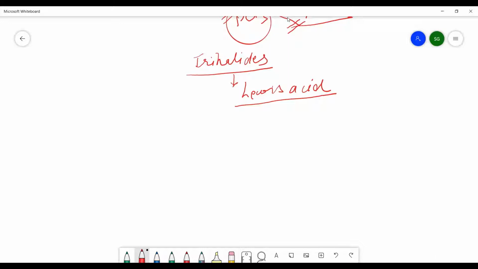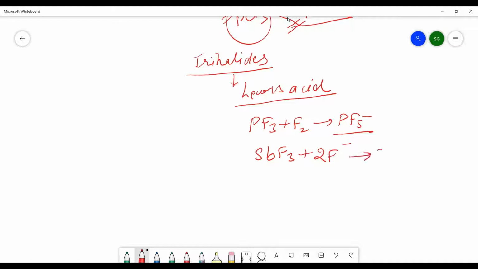You may see the example: if you have PF3, when it reacts with F2, it gives PF5. Suppose you have SbF3 and it reacts with a Lewis base; it results in the formation of SbF5 with 2 negative charge. Such a reaction shows that trihalides are Lewis acidic in nature.